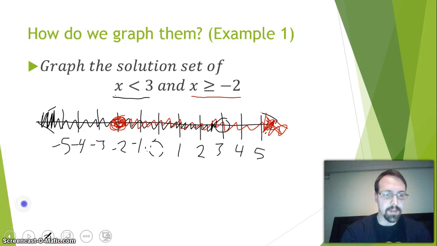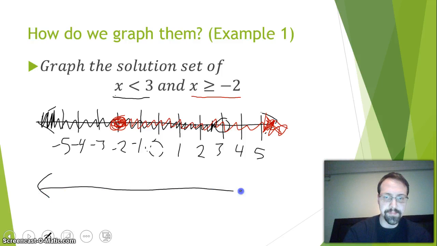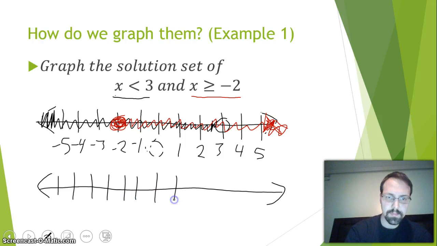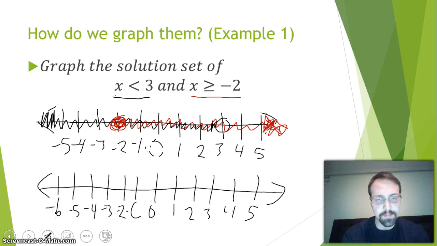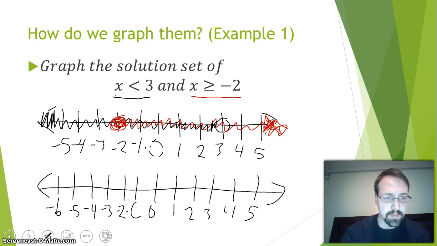So for my final answer, I'll make a whole new number line. Zero, 1, 2. You have to have both numbers on the number line. So I see the solution set is where negative 2 is, so here, I'm going to fill that in.